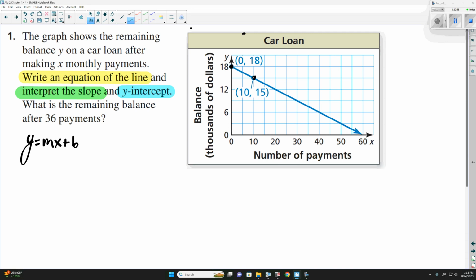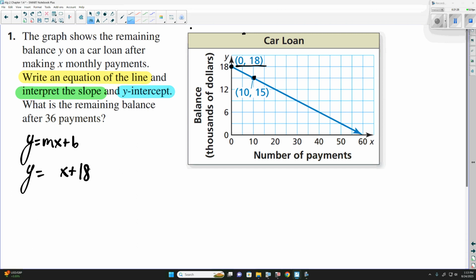And if it crosses the origin, they're both 0. So we are given the y-intercept, which tells us the value of b. Where does it cross the y-axis? Because this is our y-axis, it crosses at (0, 18). So the b value is 18.